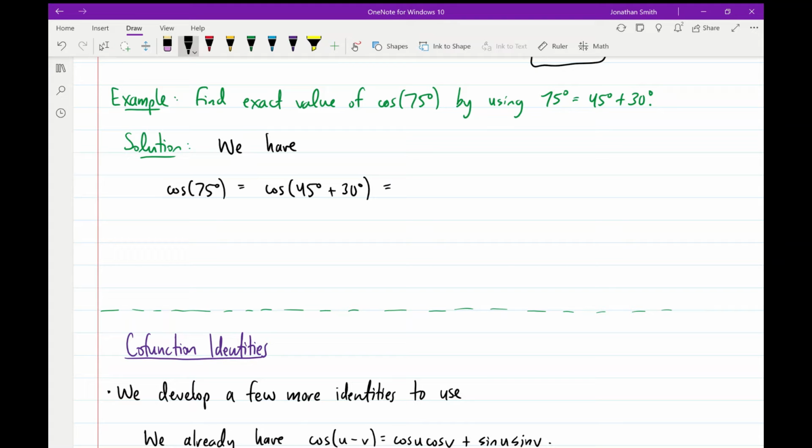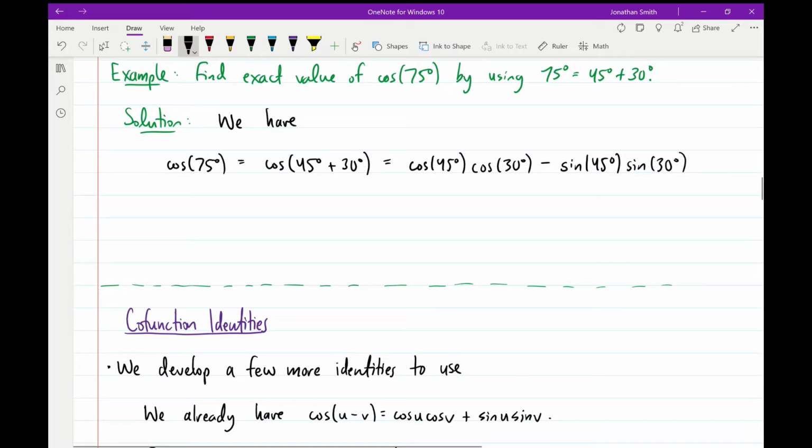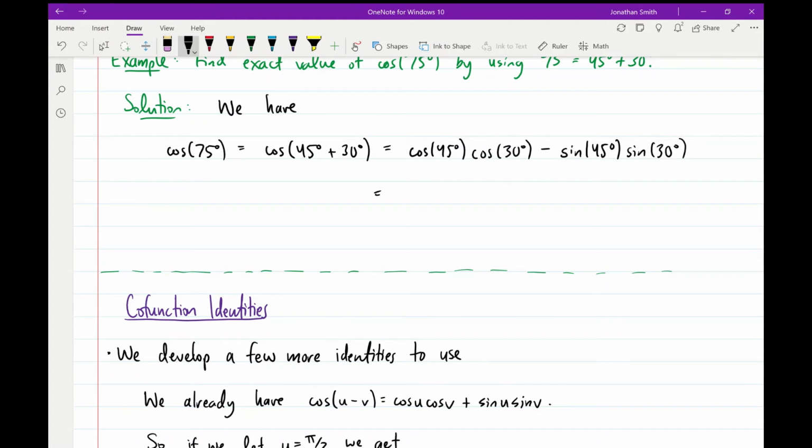But now we can use our sum identity for cosine, and we get cosine of 45 degrees times cosine of 30 degrees minus sine of 45 degrees times sine of 30 degrees, just by plugging this in to the sum formula for cosine. And now we have everything written in terms of angles on our unit circle.